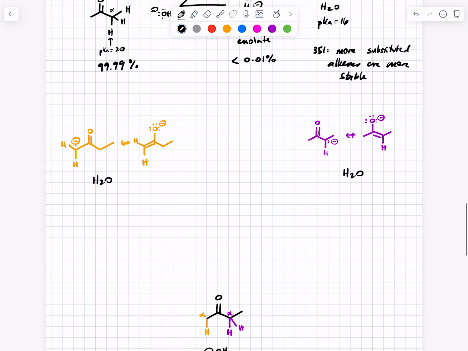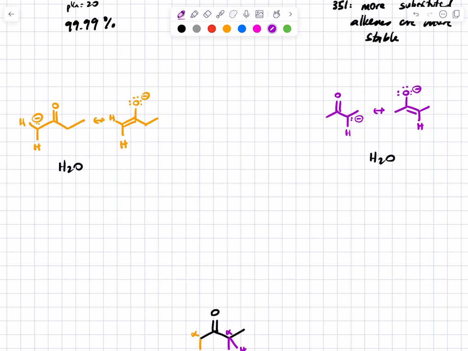Applying that here, we will say that the purple enolate, by virtue of being more substituted, that is more alkyl groups, is more stable. Whereas the orange enolate is less substituted and is therefore less stable.